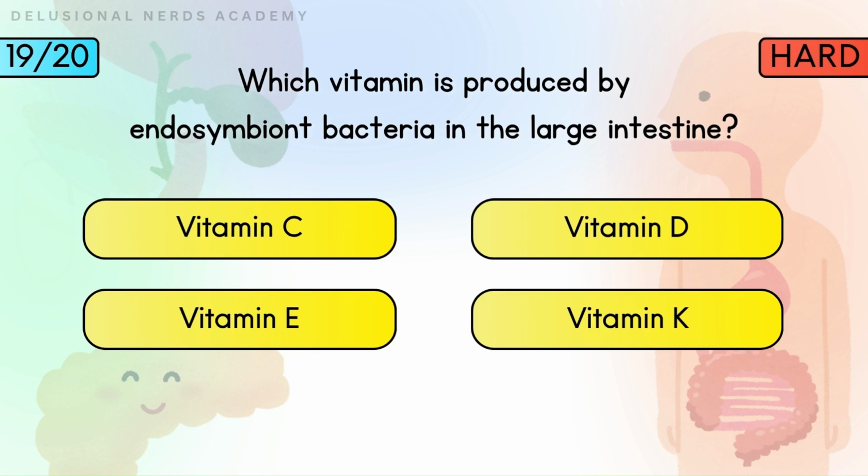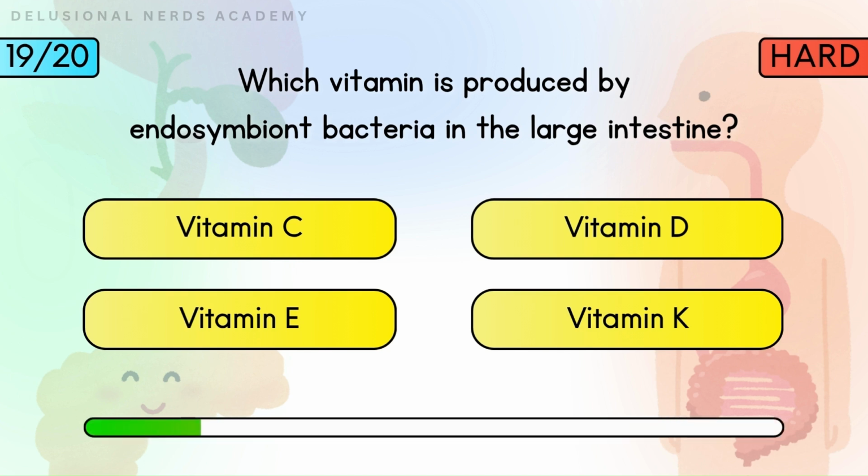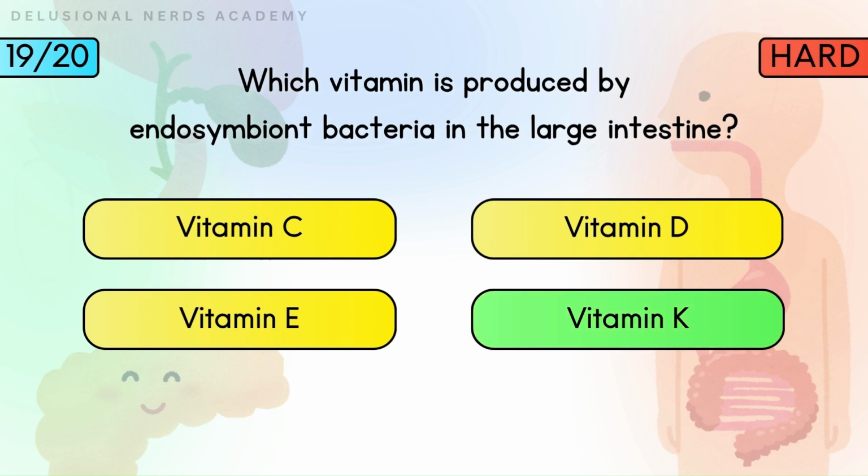Which vitamin is produced by endosymbiont bacteria in the large intestine? Endosymbiont bacteria in the large intestine synthesize vitamin K, which is essential for blood clotting.